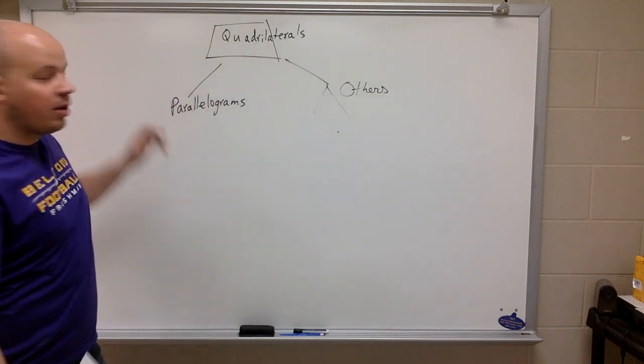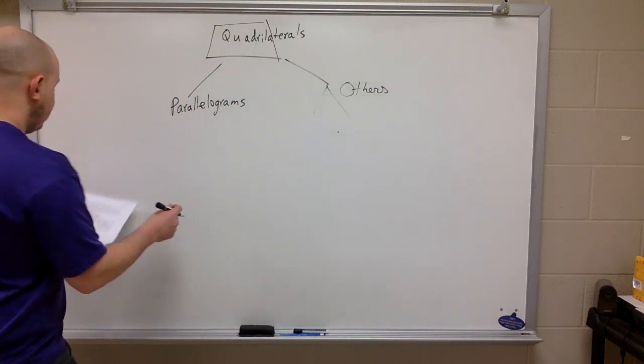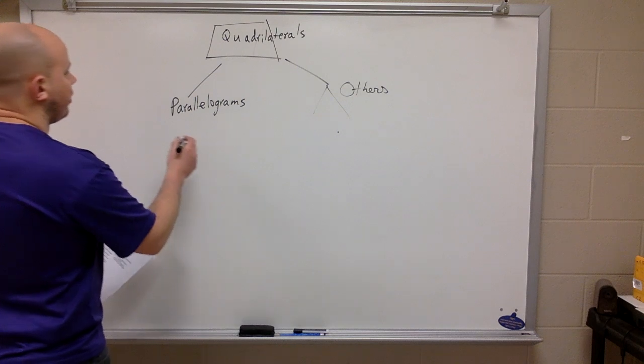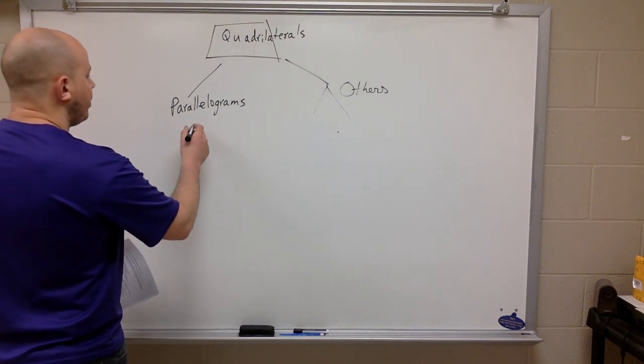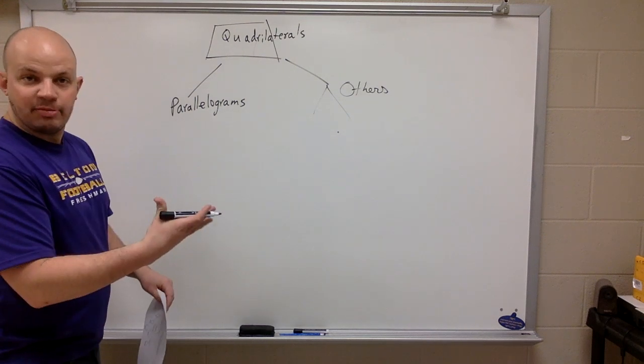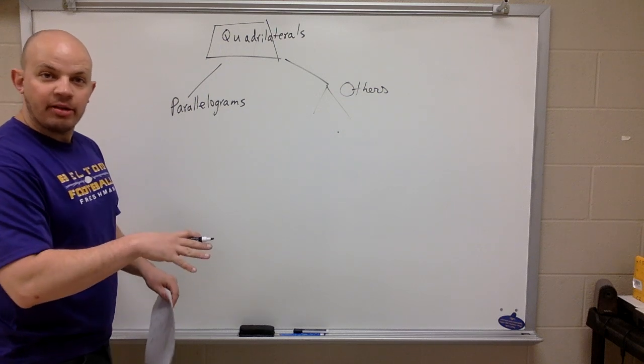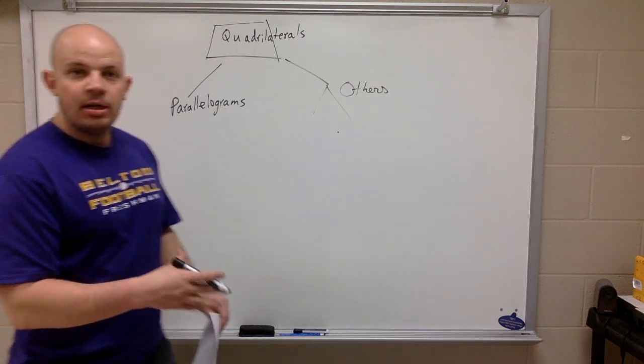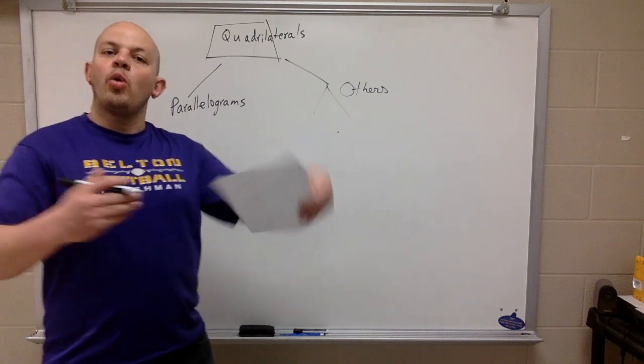So, quadrilaterals, parallelograms. We talked a lot about parallelograms. Inside parallelograms, there's certain types of parallelograms as well. If I know it is a parallelogram, it could also be something else. It could just be a parallelogram, or it could be more specific.